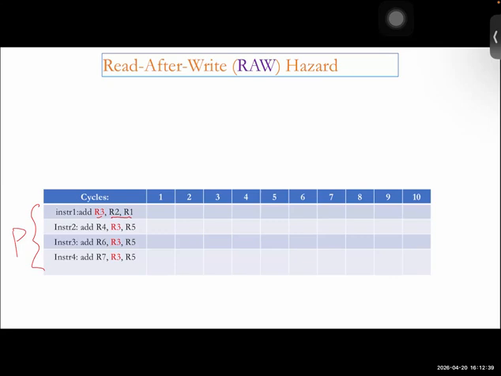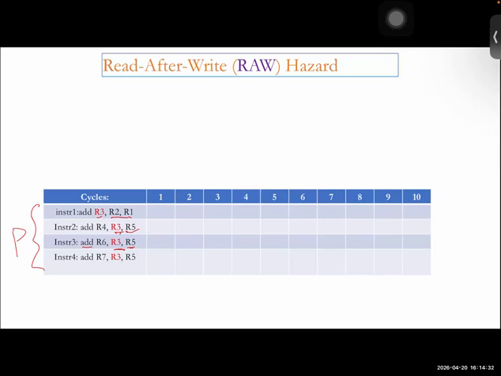The second instruction adds the values read from the R3 register and R5 register, and the result will be stored back into the R4 register. If you carefully observe, the third instruction reads the values from R3 and R5, performs the add operation, and stores the result back into R6.